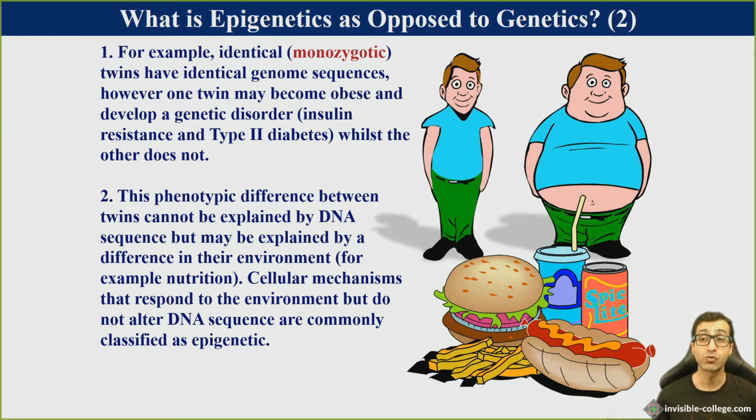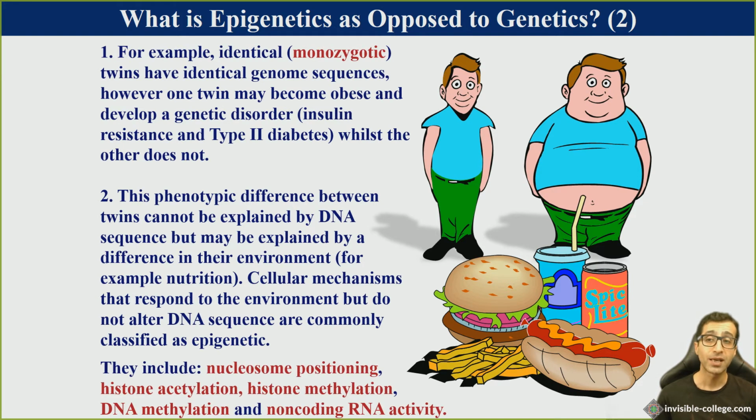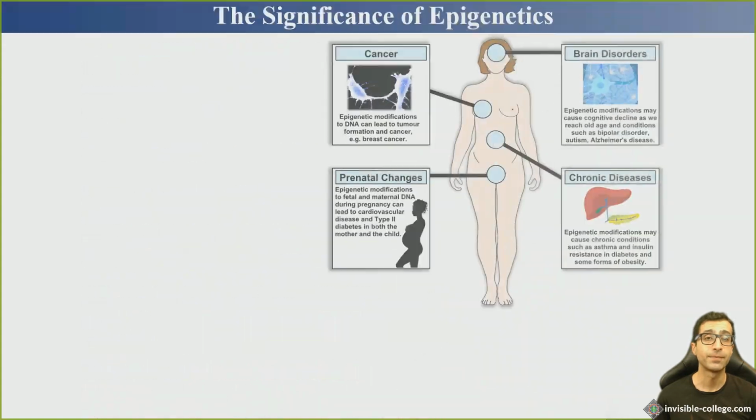Cellular mechanisms which respond to the environment but which do not alter the DNA sequence are commonly referred to as epigenetic. These include nucleosome positioning, histone acetylation, histone methylation, DNA methylation, and non-coding RNA activity.